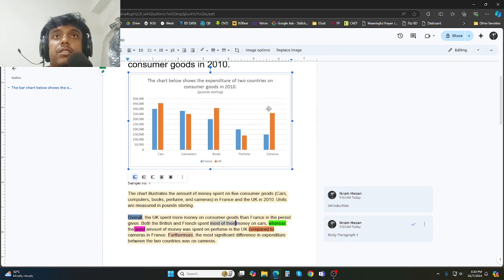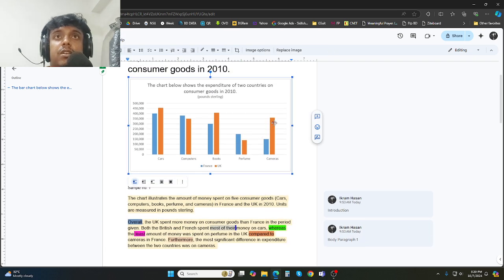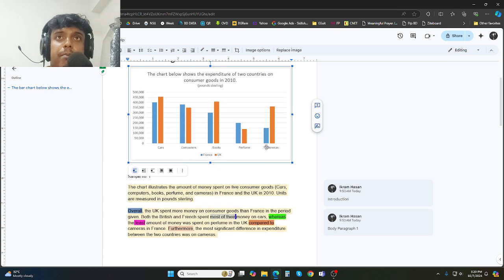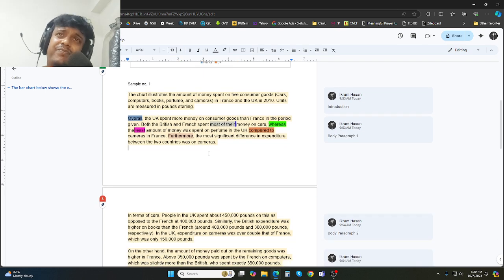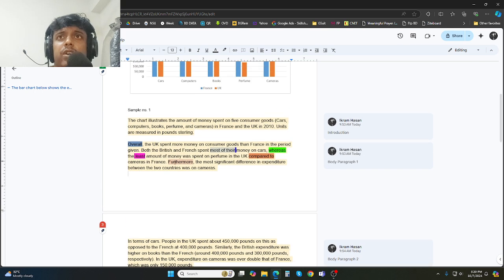So if you see the significant difference, for cars they are quite close. For computers almost close, books close, perfume almost close, but the significant difference occurred for cameras. So over here we are outlining that. Furthermore, the most significant difference.